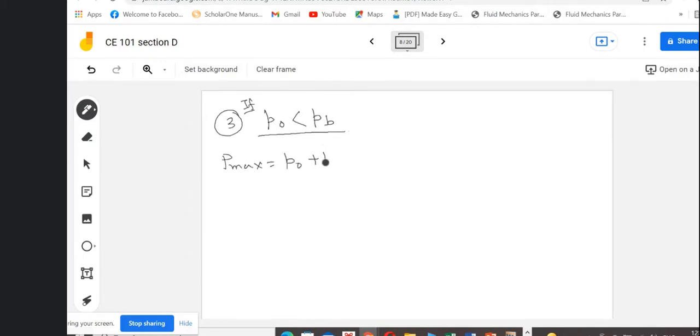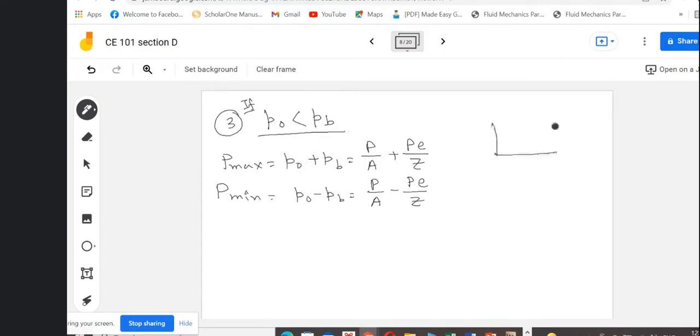P max is P naught plus PB, P by A plus P into E by Z. P minimum is P naught minus PB, P by A minus P into E by Z. So what happens if this P naught is less than PB? Let me draw this portion again. So this is the column section. At the bottom, we are trying to draw the stress distribution.